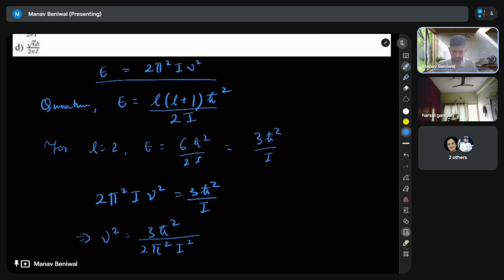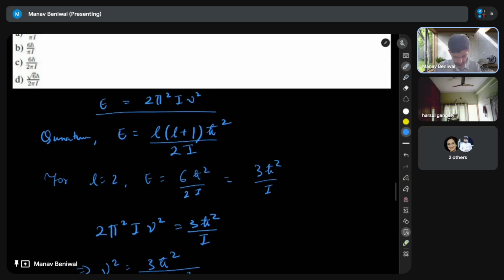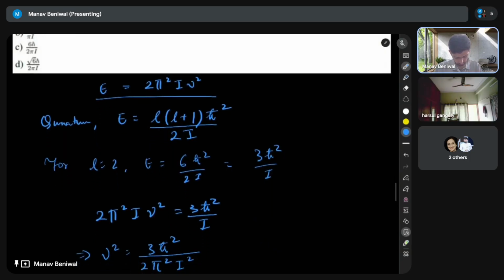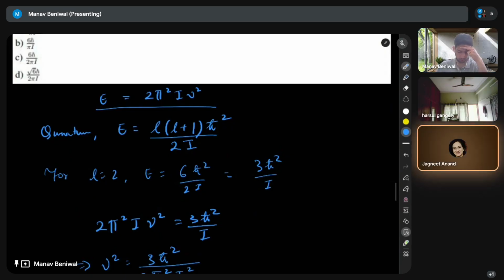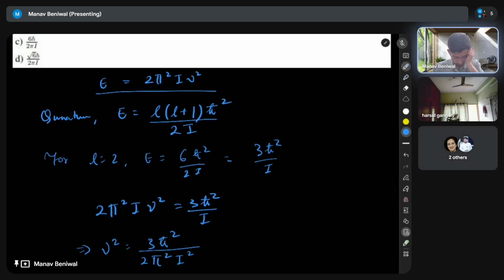If you look at the options, it should be D. Taking the square root, we get h cut by I under root 6 by 2, which we can write as under root 3.